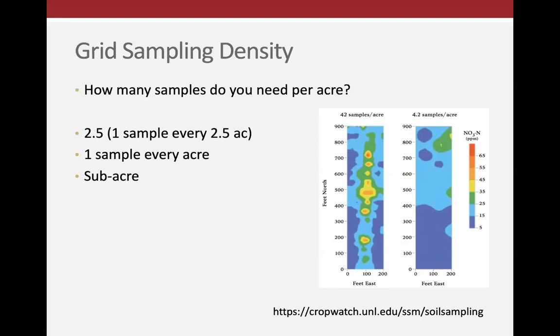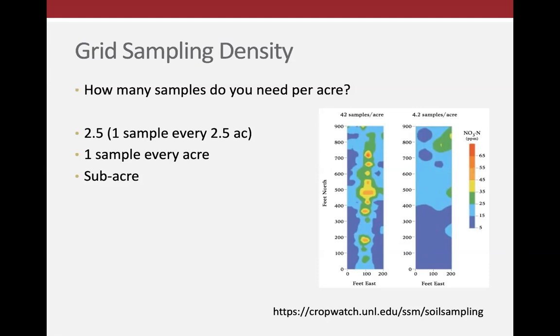It's a heat map of sorts that shows the range of nitrate values in parts per million. This is a concentration of nitrate nitrogen in soil, and it goes from 5 parts per million, this dark blue or purple, all the way up to red, which is over 65 parts per million.